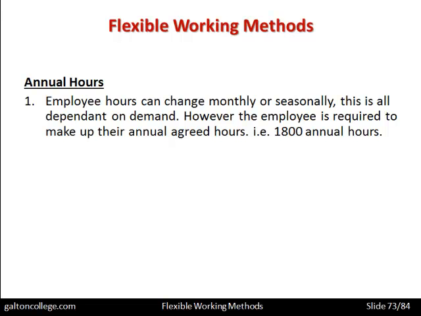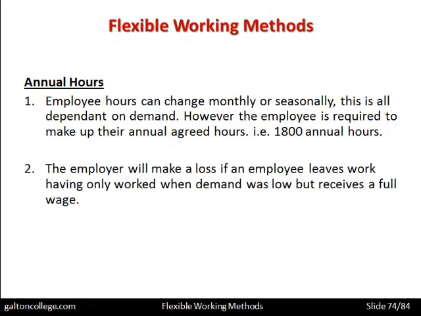Employee hours can change monthly or seasonally. This is all dependent on demand. However, the employee is required to make up their annual agreed hours. So the company expects the employee to meet the number of hours that they agreed for the year. If the company has high demand, they will expect the workers to work during that period, and when the demand is less, perhaps the workers can have some more time off.